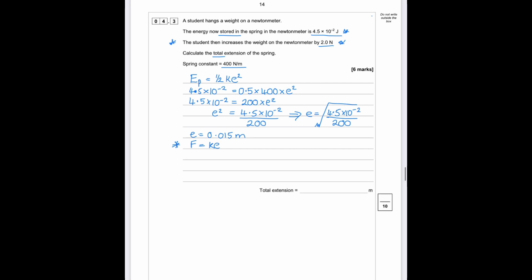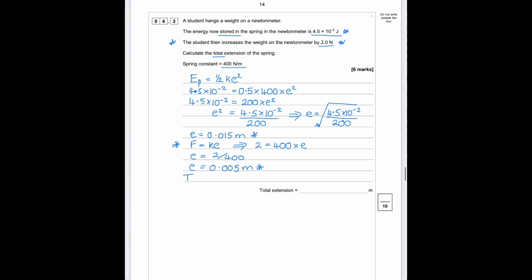And we're told that the force is, so if I put my numbers in here, our force is 2 newtons, the spring constant is 400, times extension is what we're trying to work out. So the extension would be 2 divided by 400. And the extension, therefore, for this part works out at 0.005 meters.